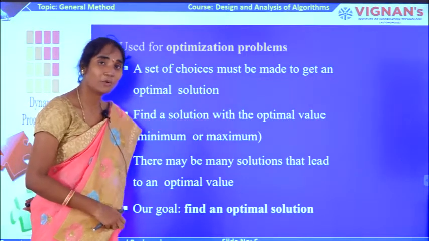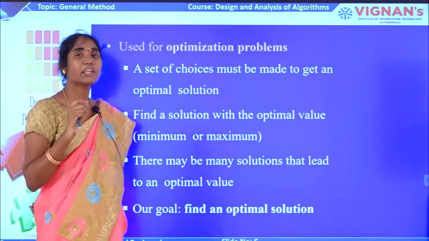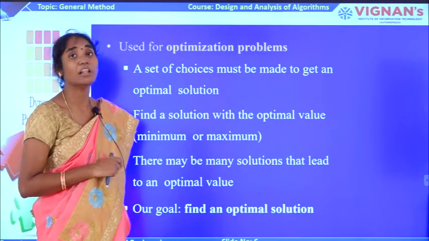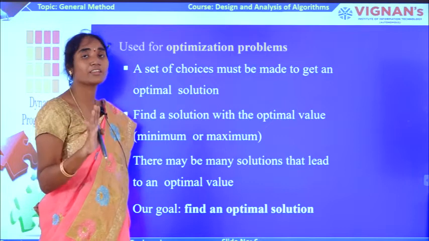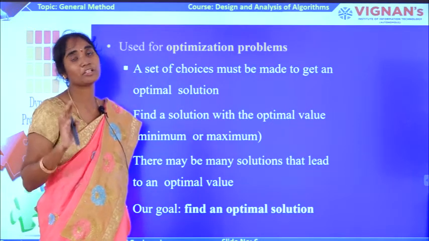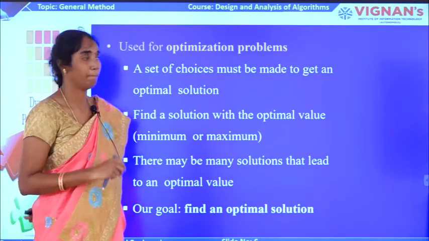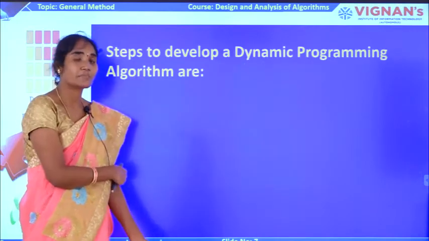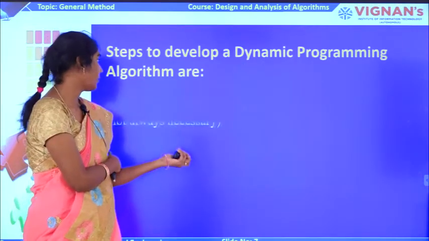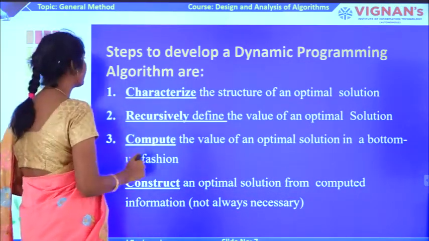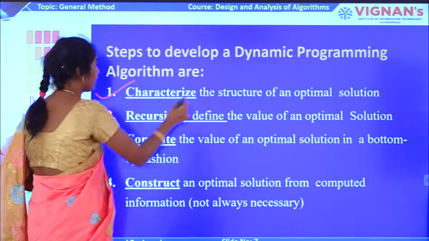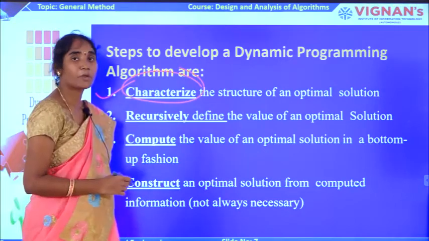What is the main goal behind dynamic programming? The main goal is to find the optimal solution. Whatever we are doing, the main thing is to find the optimal solution for the given problem. What are the different steps to develop a dynamic programming algorithm? These are the 4 steps. The first step is to characterize the structure of an optimal solution.